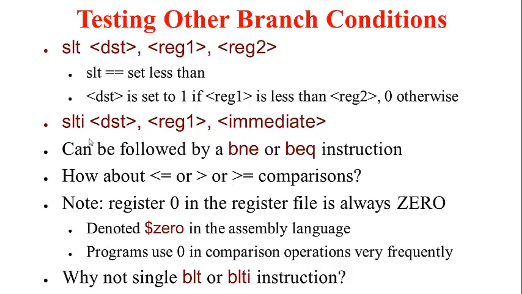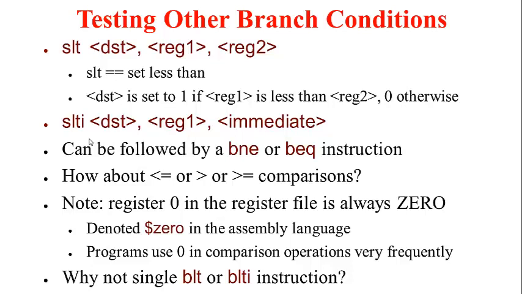So there is the set less than, or SLT, instruction, which sets the destination register to 1 if the first operand value is lesser than the second operand value. Otherwise, it sets the destination register to 0. There is also SLTI, which uses an immediate operand as opposed to a second register operand.